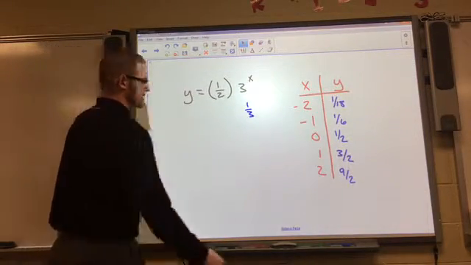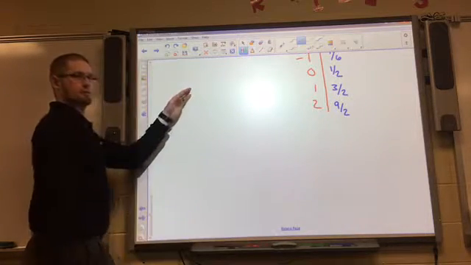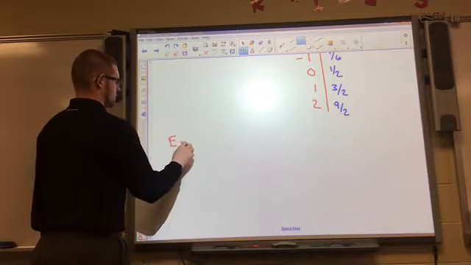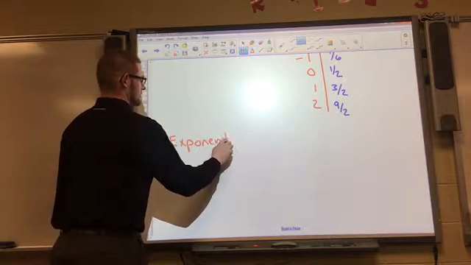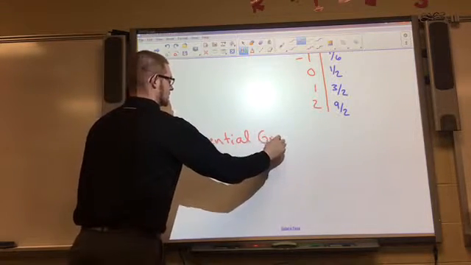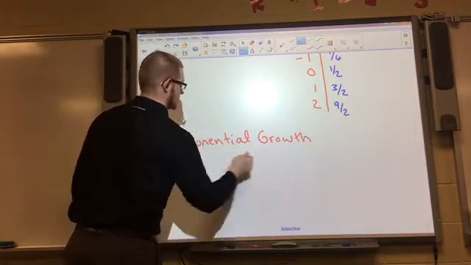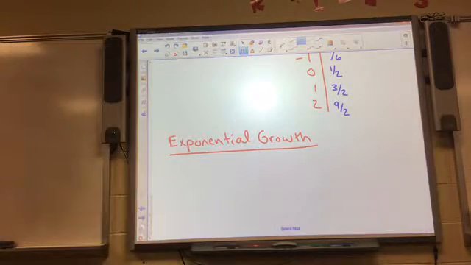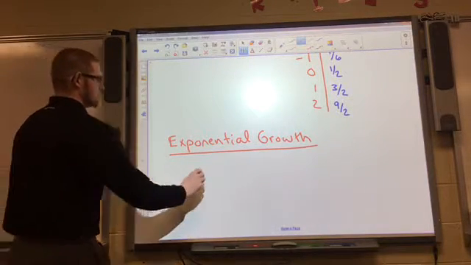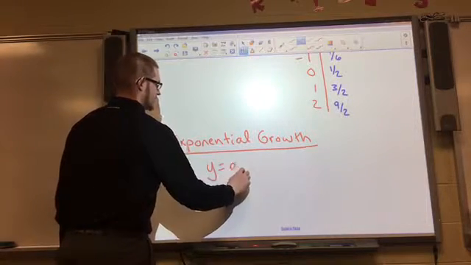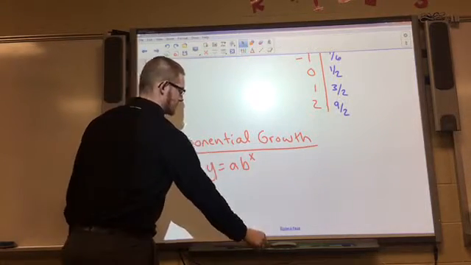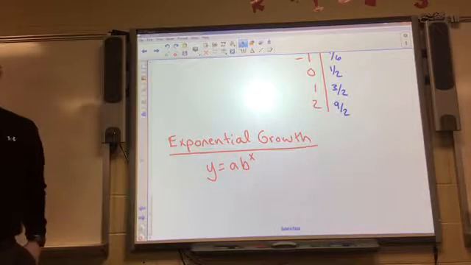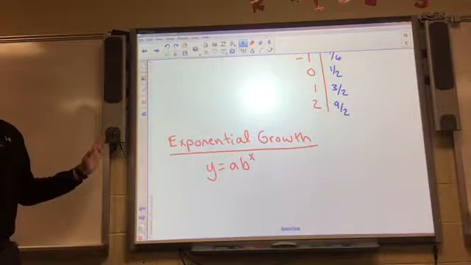Now, this was exponential growth. You could graph it and figure it out, or you can just look at some numbers. In the equation y equals ab to the x, we're adding another number out in front of my b to the x.